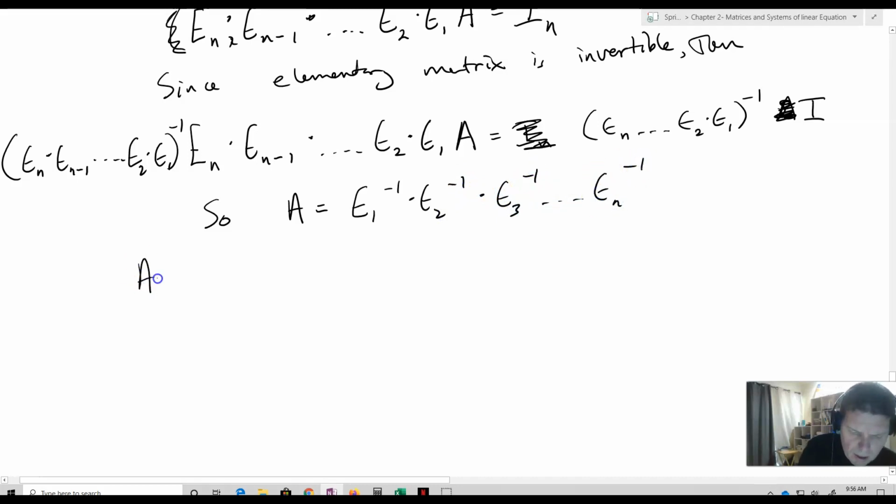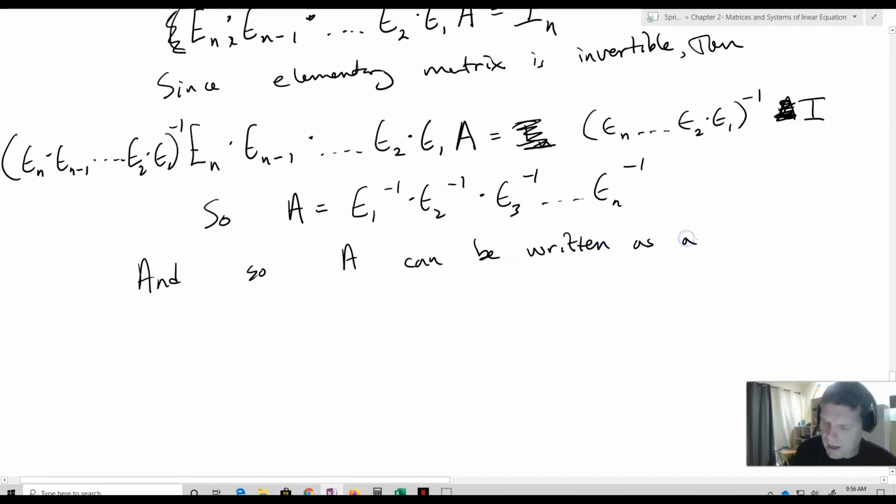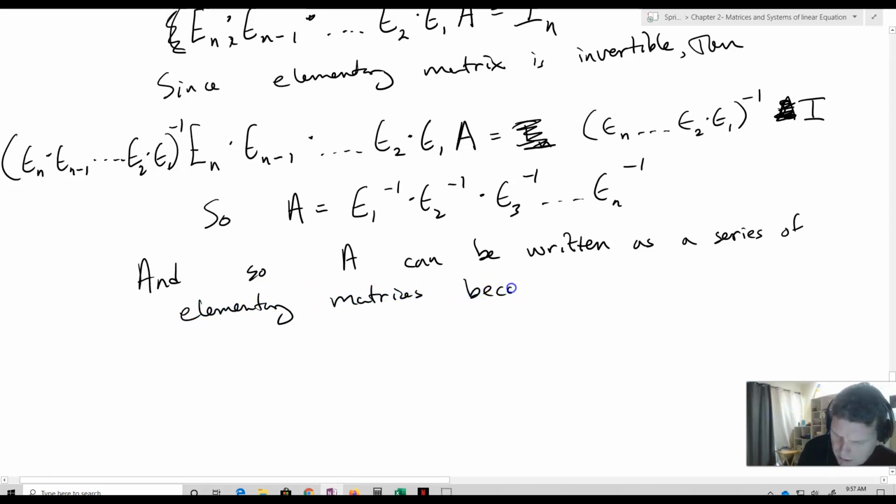And so in this case, A can be written as a series of elementary matrices, because each matrix E1 inverse is also an elementary matrix.